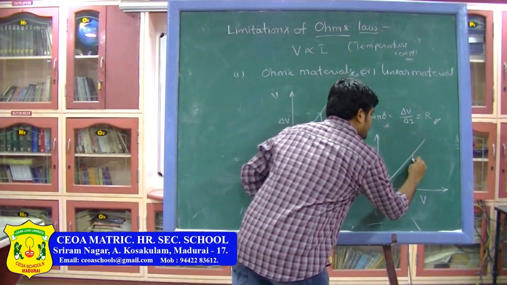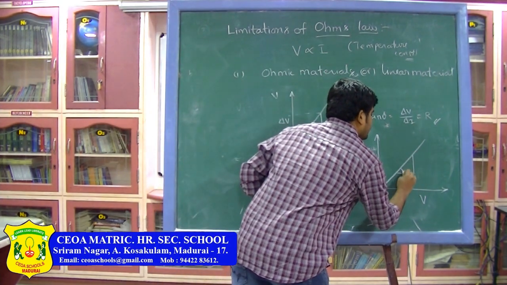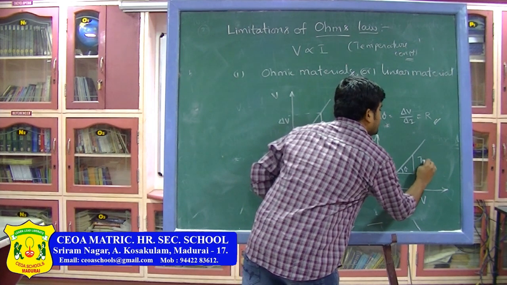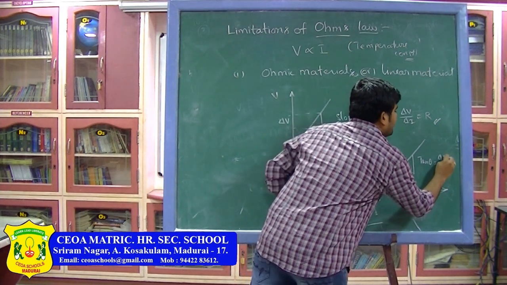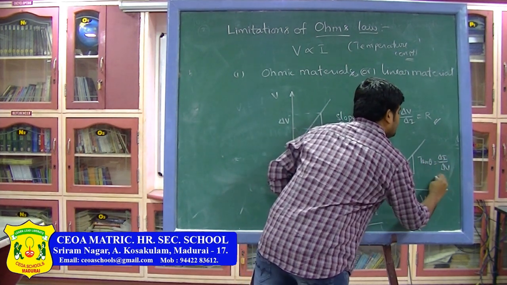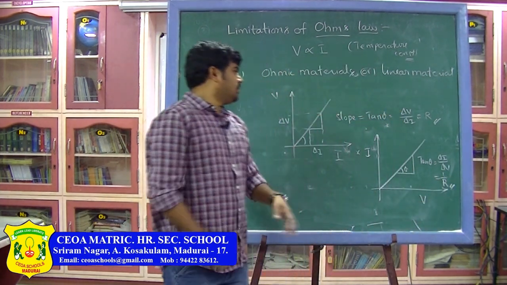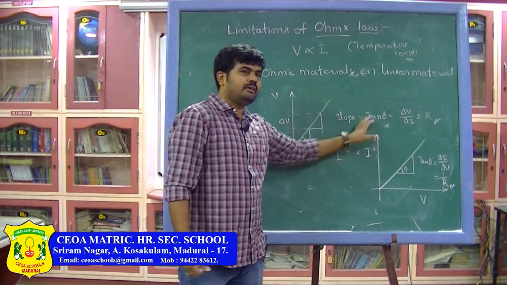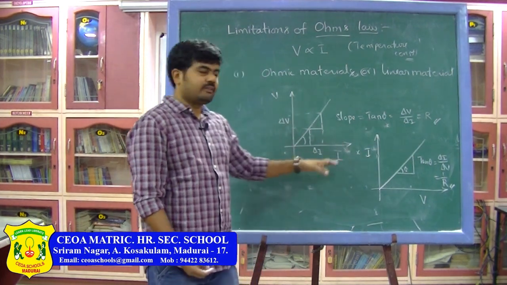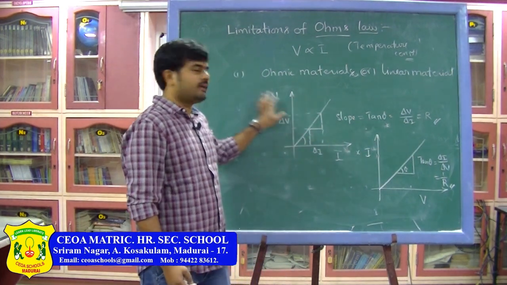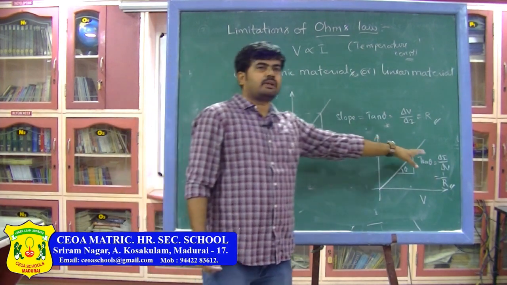Again for this graph, if you find the slope, tan theta is equal to delta I by delta V, which is the reciprocal of resistance. Remember, this is one of the problem solving methods in competitive exams. They will give one graph between current and voltage and ask you to find the resistance.